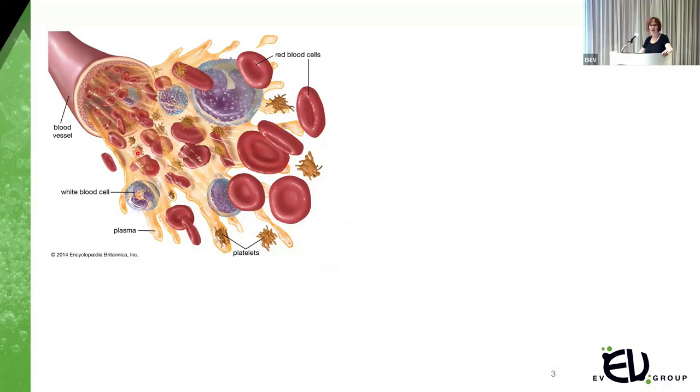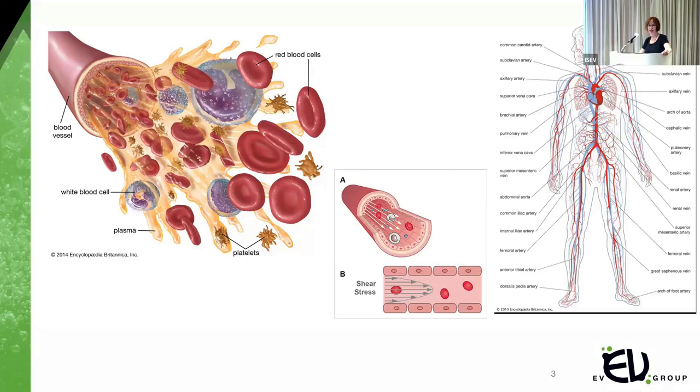And the endothelial cell type depends on the type of vessel they are in. So whether it is arteries, arterioles, veins, or venules, or the capillaries, the endothelial cells are all different. And the properties of the endothelium also depend on the shear forces that they encounter.